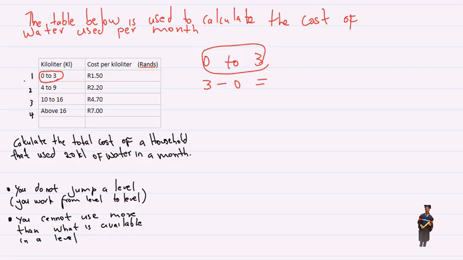You take the large number, you subtract the small number, and the answer that you get is the kiloliters that are available in that level.